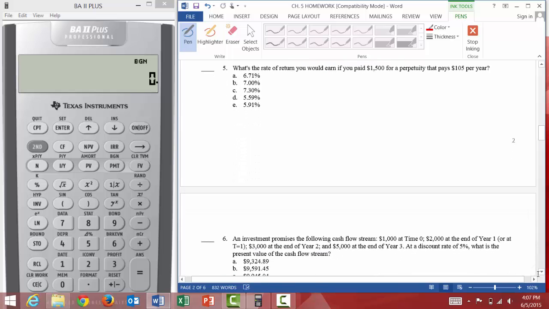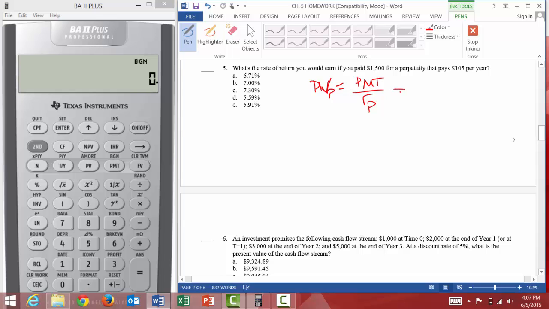Okay, what's the rate of return you would earn if you paid $1,500 for a perpetuity that pays $105 per year? So the present value of a perpetuity is just a formula, and it's equal to the payment over the discount rate for the perpetuity.